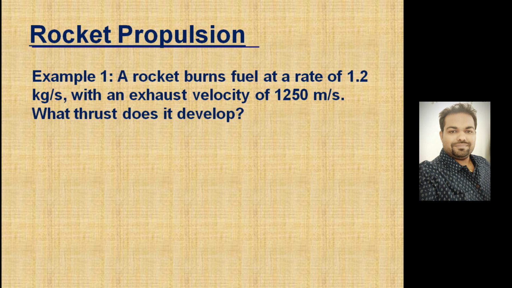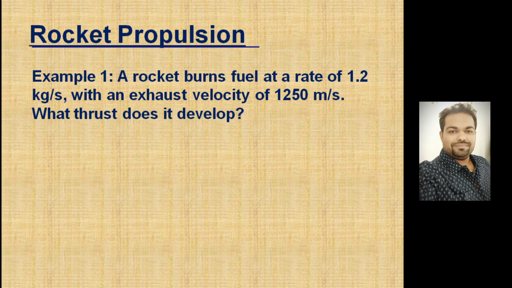It's a very simple problem. What is given? The mass flow rate of propellant and the exhaust velocity are given. Nowhere is the area ratio of the nozzle or anything else mentioned. Total thrust is basically the summation of jet thrust plus pressure thrust, and pressure thrust is absent in this case, only jet thrust.